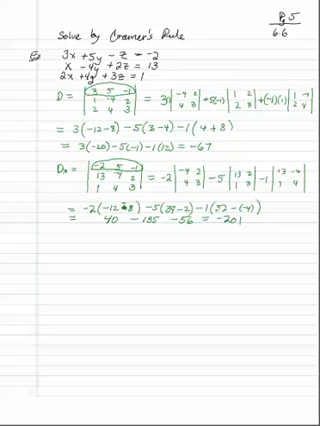Okay. Now we're going to do d sub y. We're going to leave the x column alone from the coefficient matrix, so from the original d. We're going to take the y column out, put in the constants, negative 2, 13, 1, and then leave the z column alone. I'm going to expand by the first row again. So that's 3 times the minor, 13, 1, 2, 3.